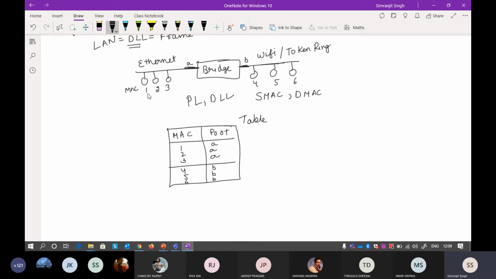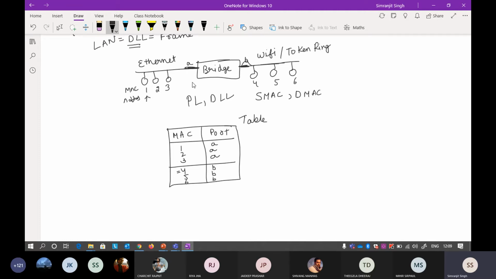Suppose this one workstation that has a MAC address of 1 wants to send a message to another workstation that has a MAC address of 4. When the frame reaches the bridge, the bridge will see where exactly 4 is. It sees that 4 is connected to the B port, so it sends the frame to this particular device.